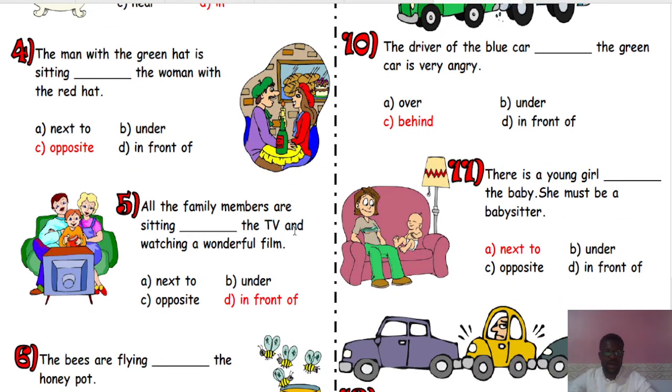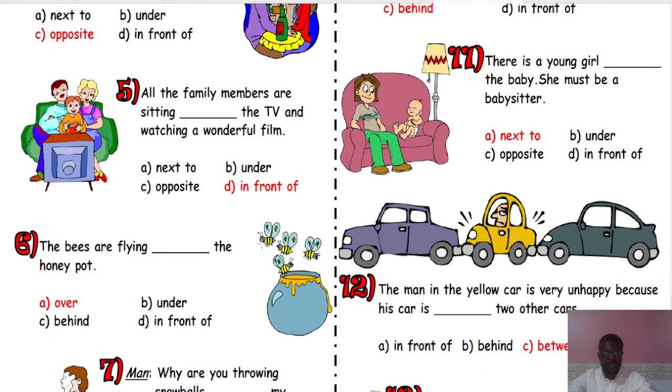Here we've got number 5. All the family members are sitting in front of the TV and watching a wonderful film. See the family members, dad and mom with their child. They're sitting in front of the TV and watching a wonderful film. What about number 6?